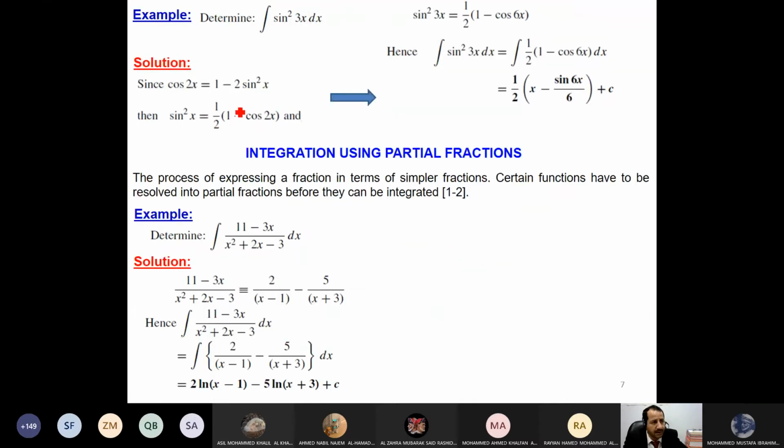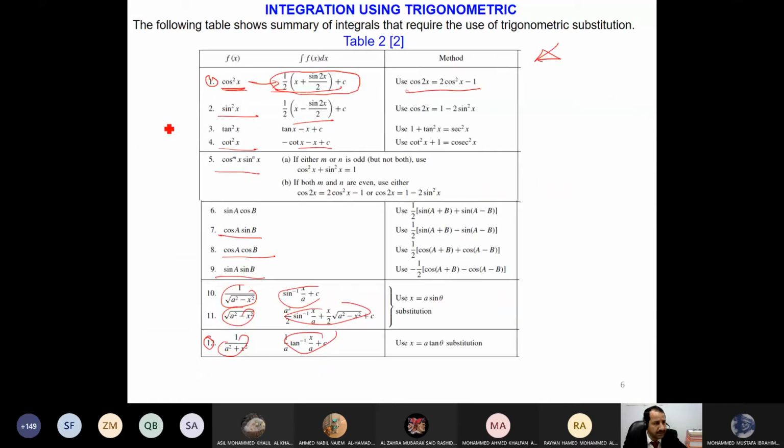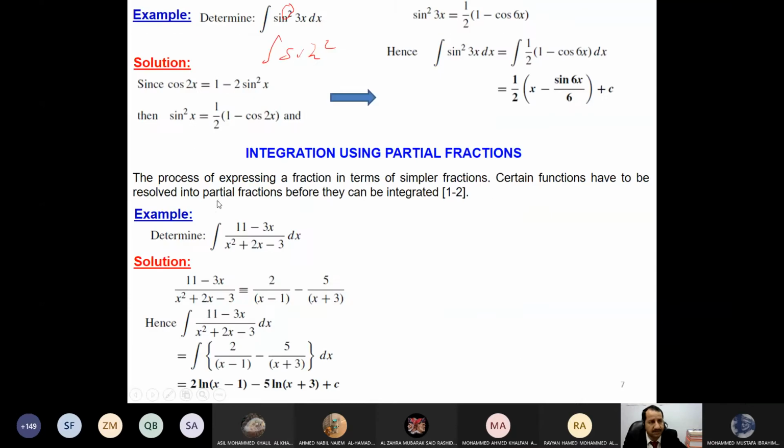Have a look. He told me here the integration of sine square. Integration of sine is easy to find, but sine square is something else. So what I will do, I will say, okay, go ahead, sine square x. He used this method to find this result. You see here, I will have sine square 3x.